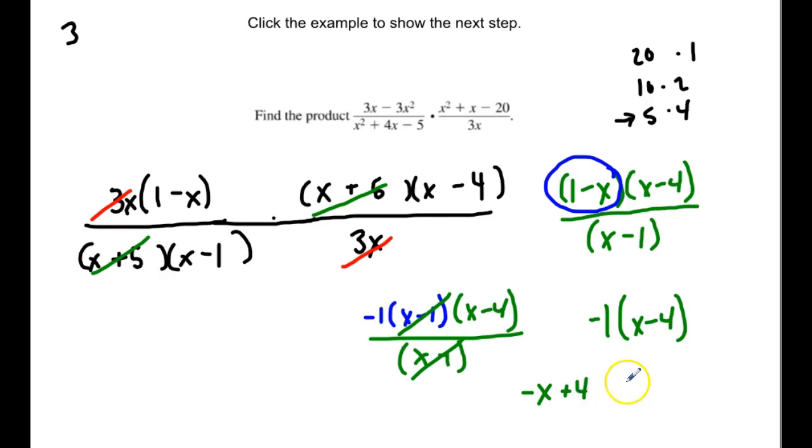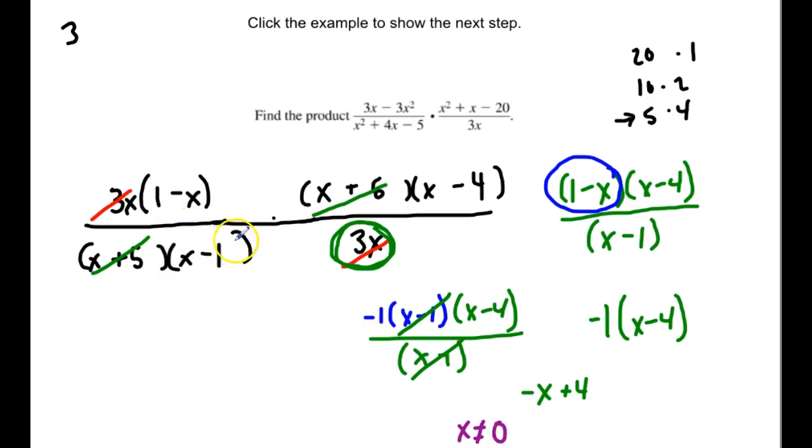I'm not quite done, so I have to figure out what my excluded values are going to be. So anything that would make my denominator 0 is what I have to exclude. So I see here, with this term, if my x was 0, then I would have a 0 in the denominator. So my x cannot equal 0.